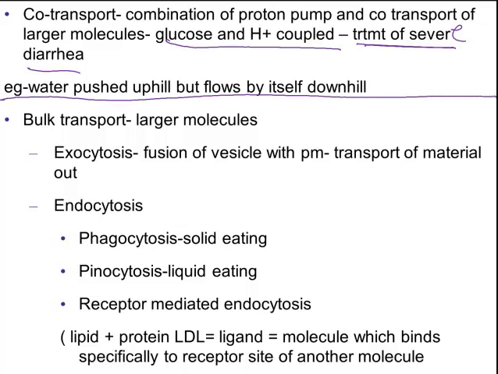We move on to talking about bulk transport. By bulk transport, so far we've been talking about transport of ions, transport of smaller molecules, transport of different charged material and gases and so on and so forth. Now, bulk transport would mean a huge macromolecule, a huge protein molecule, or a bacteria itself, or some digested material.